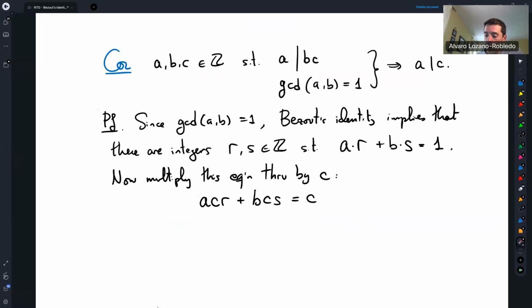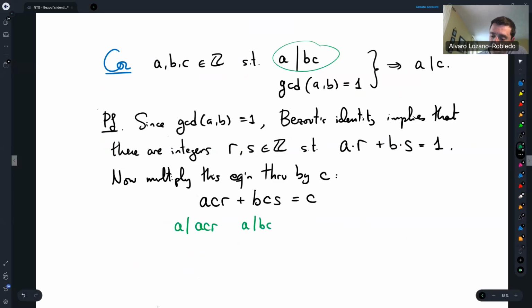Okay, so now you see that A divides ACR, right? Because ACR is a multiple of A, clearly. And A divides BC by assumption, right?